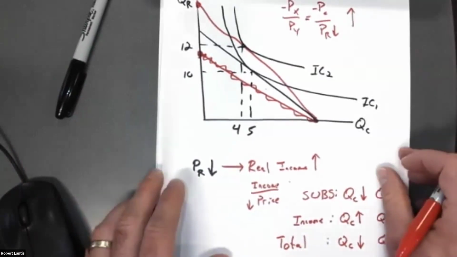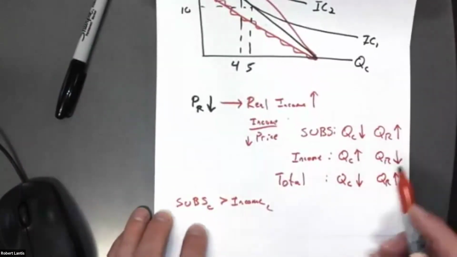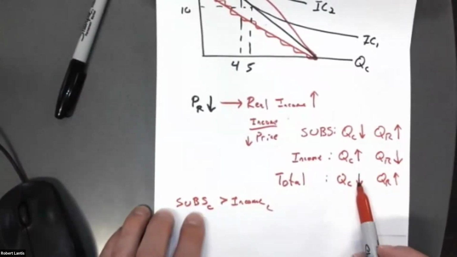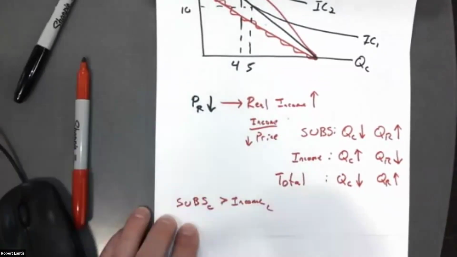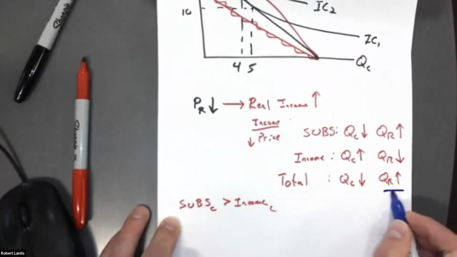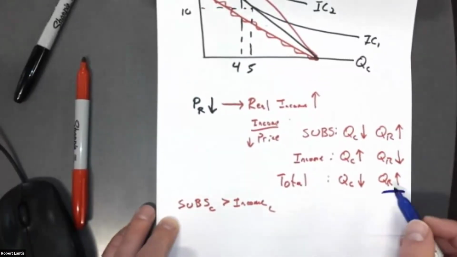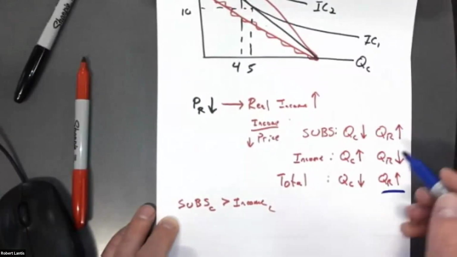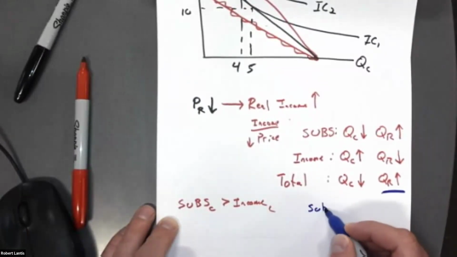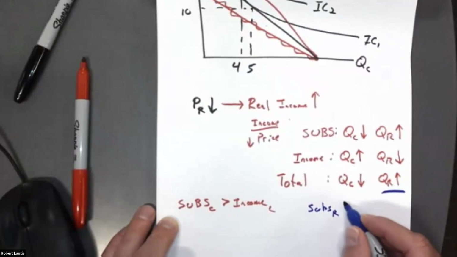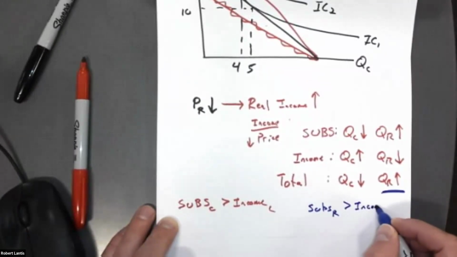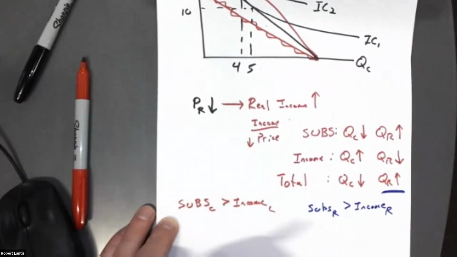That's the only way I end up with this decrease in caviar. Okay. Now, what about for ramen, right? Well, I know the total effect is positive, so which of these must have been larger? It must also be that the substitution effect for ramen was greater than its income effect as well.